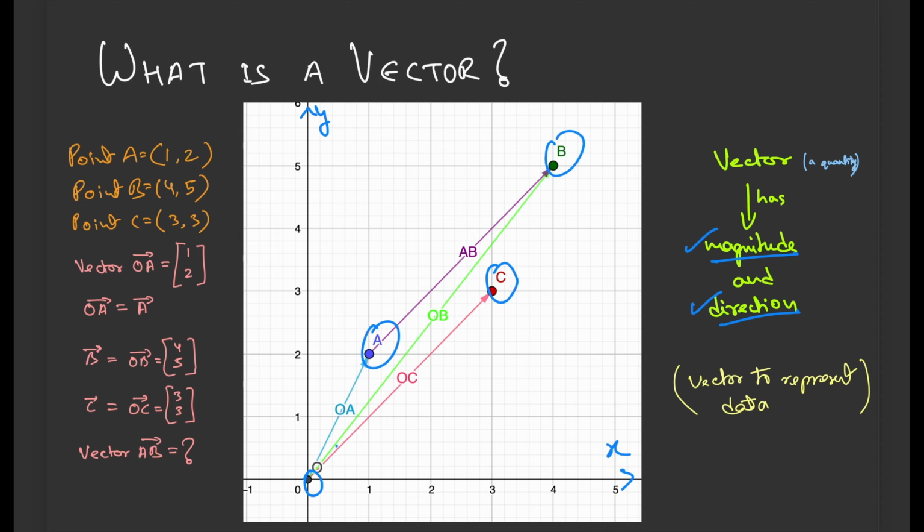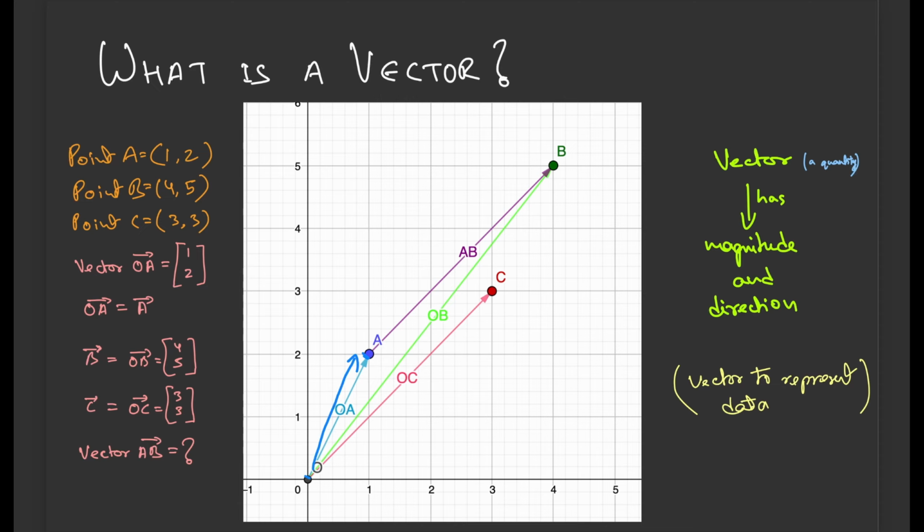So this is OA. This is vector OA. Here we have a direction. This arrow represents the direction. And we have a magnitude or length. So this whole length of vector OA is the magnitude of this vector.